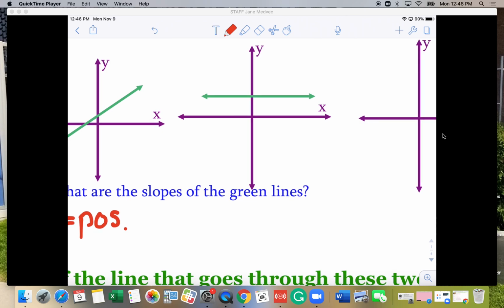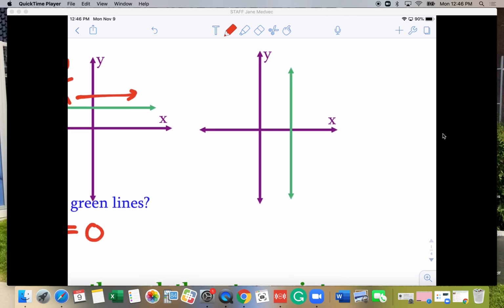This next graph, you're going to notice that from left to right, it doesn't go up and it doesn't go down. And so the slope on this would be 0. And think of it this way: if I had a person walking on this line, it takes 0 effort to walk this line. And then finally, this line, you're going to notice that it doesn't go up from left to right, it doesn't go down from left to right.